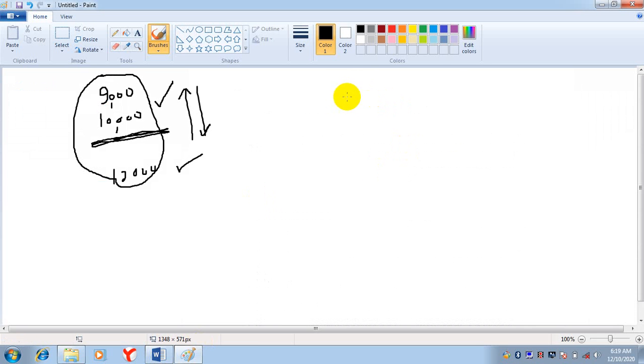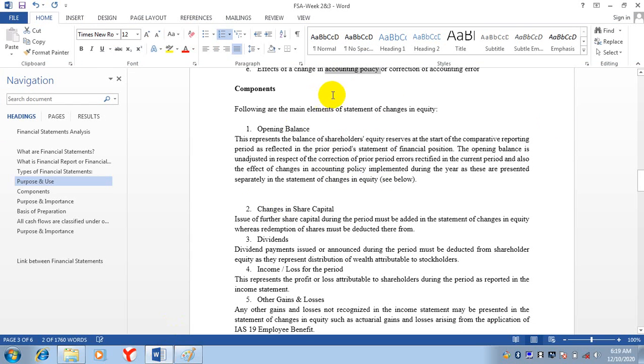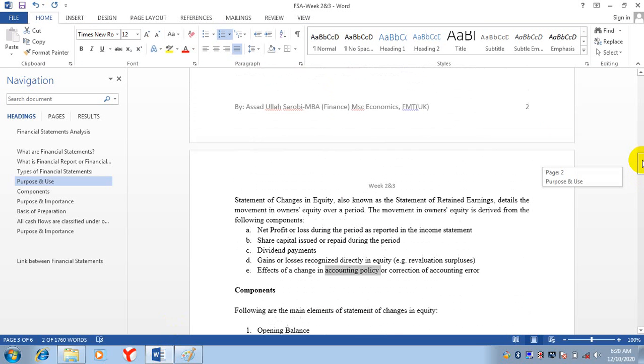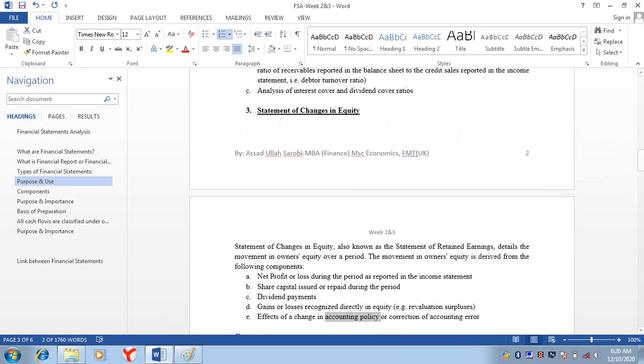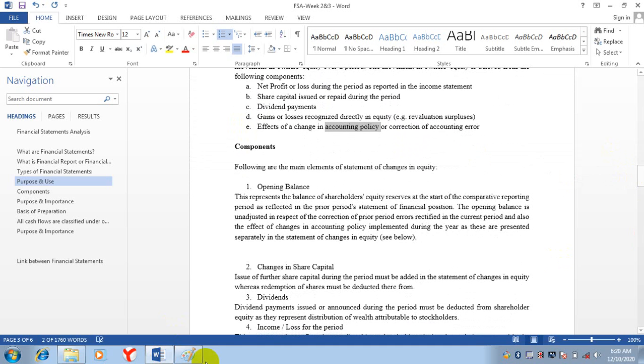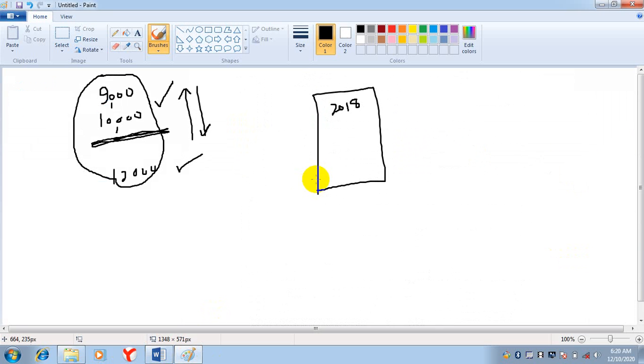Now, what does it mean? Take 2018. In 2018, we made a statement of changes in equity, and we got a closing balance.